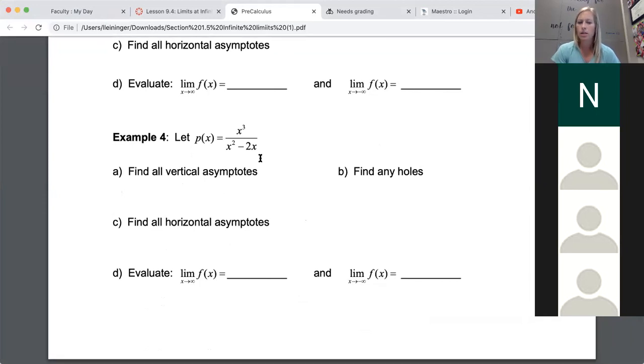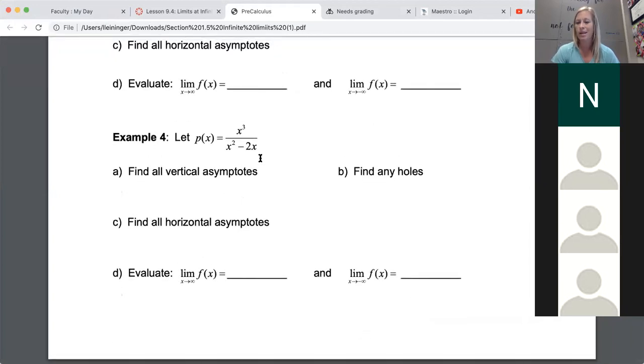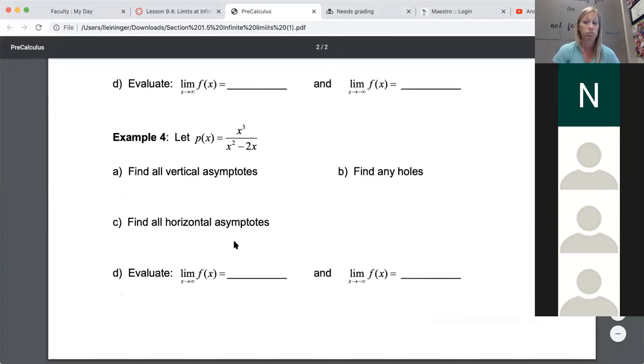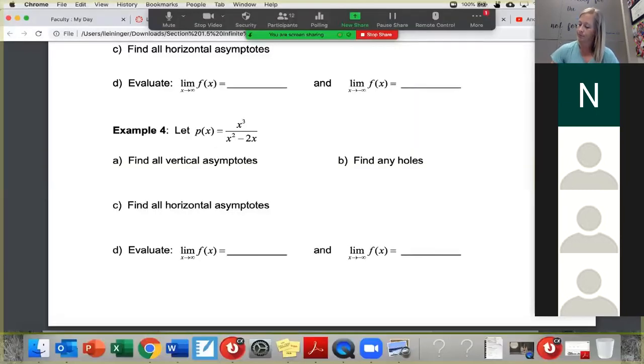Let me look at 4 real quick because 3 is different and we may or may not need it. So just hang on with that. Example 4 real quick. Anything I can factor? Yeah, X on the bottom. X top and bottom, or really top. So there we can cancel one of our X's.